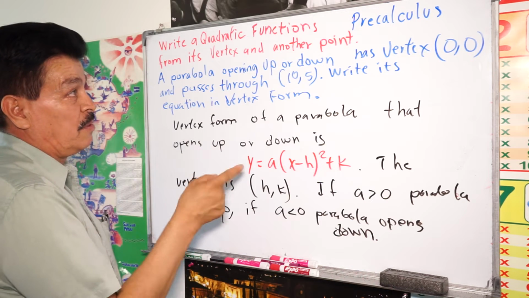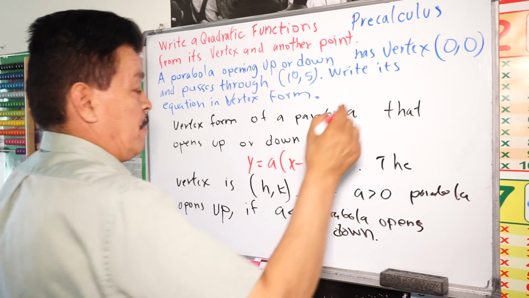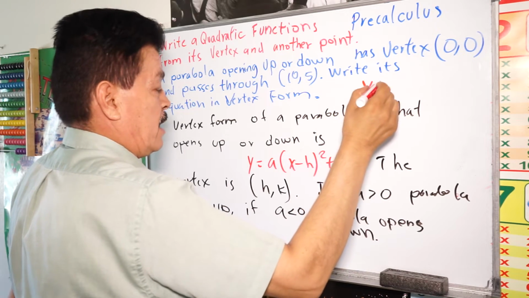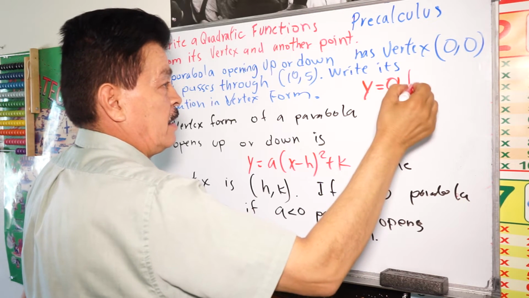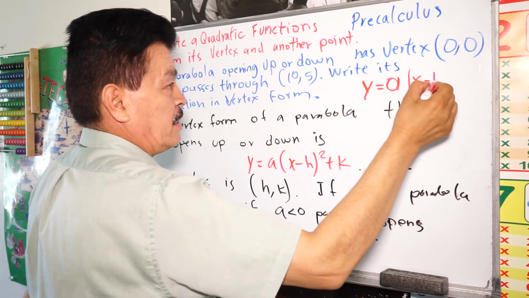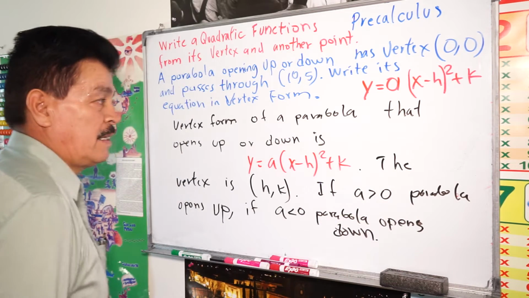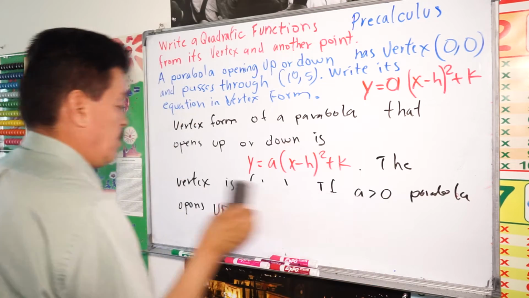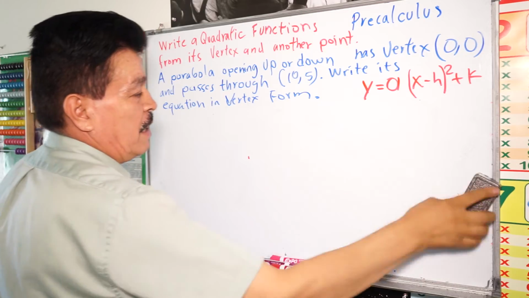Actually, the most important thing is this formula. This formula you need to remember all the time. It's y equals a times (x minus h) to the second power plus k, right? So this is very important. Keep this concept in your mind.